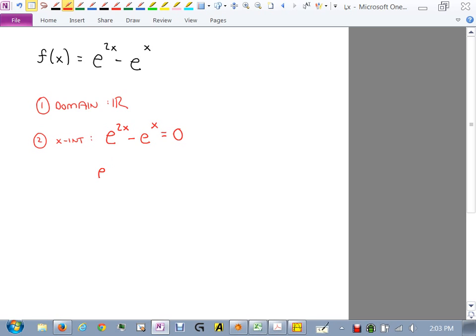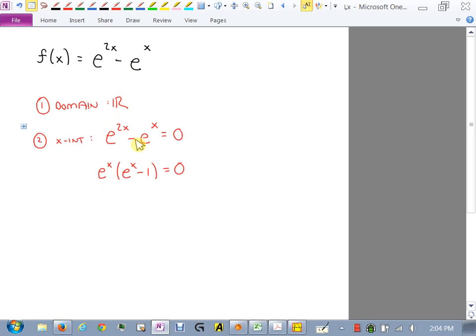I'm going to factor an e to the x out of both of these. In the problem I was asked about for the homework, this was very close to the same problem, except it was negative x up here, and I think that was a plus. So it's not the same function as what you were doing for homework.